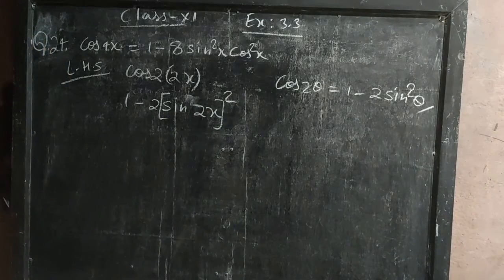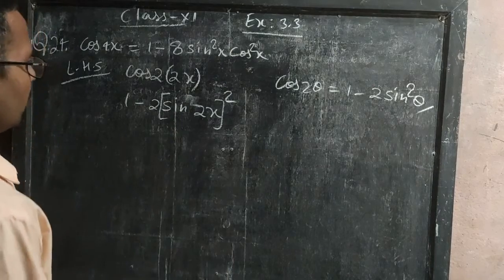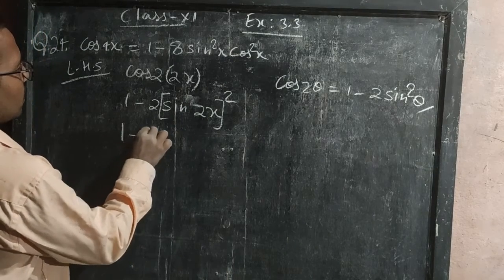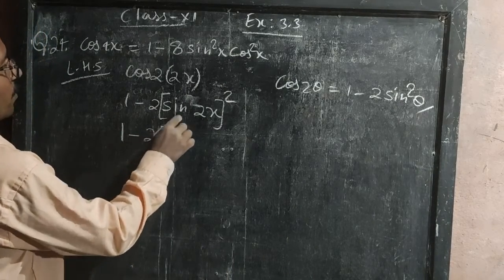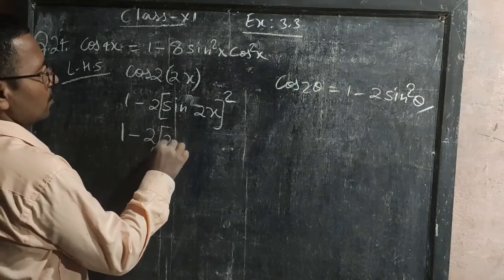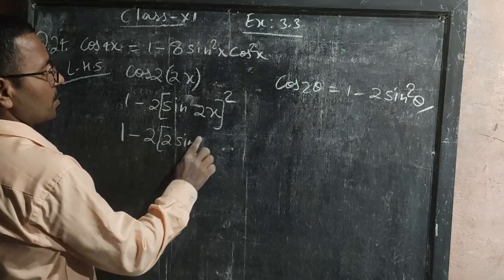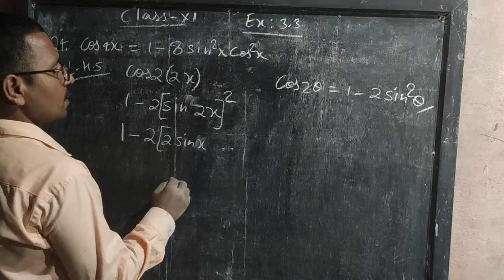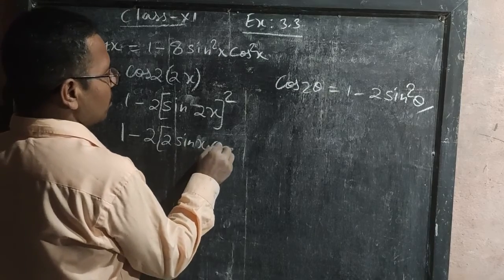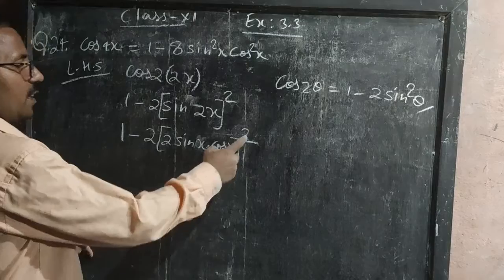So now again we are getting a sin 2 theta formula, that is 2 sin theta into cos theta. So use that one: 2 sin theta, at the place of theta x is here, 2 sin x into cos x. So whole square.